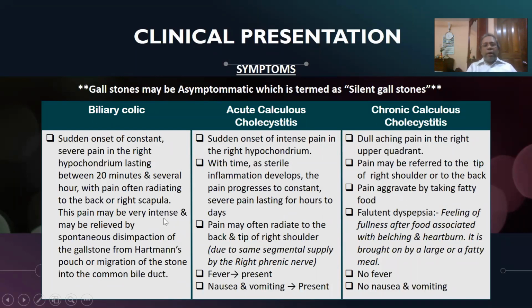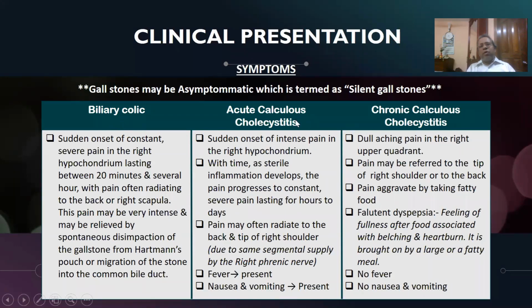Whenever the stone is impacted at the neck of the gallbladder, that means Hartmann's pouch, which is a narrowed area, the impaction causes pain, and that pain is not relieved unless the stone goes down towards the fundus or down towards the common bile duct. So those two things can relieve the symptom, then the patient becomes almost normal. For that reason, it is called biliary colic.